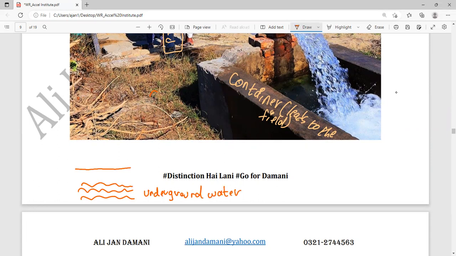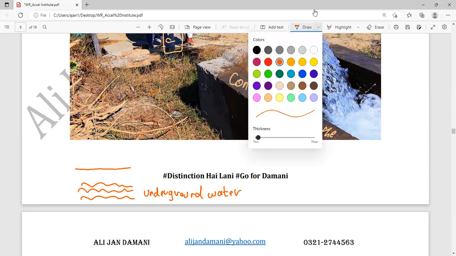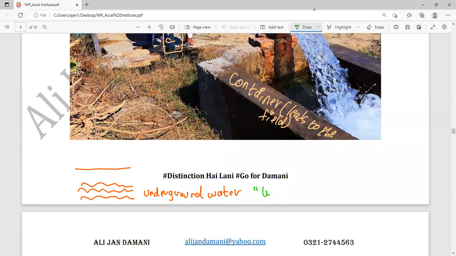I want you to learn this important word, which is called water table. If someone asks you what is water table, you would define it as the level of water underground, or below the surface. Simple as that. So this is called water table.